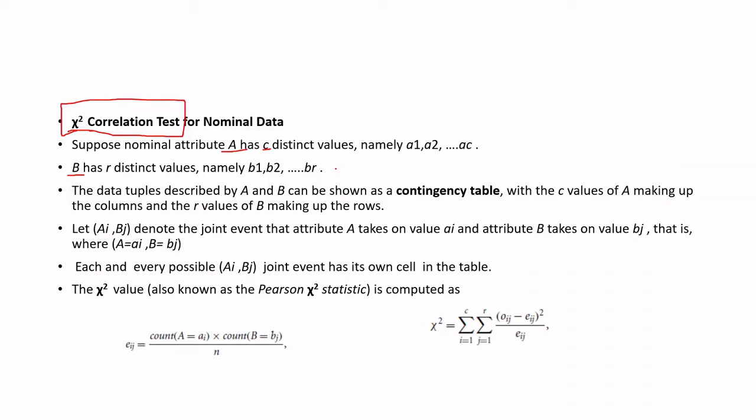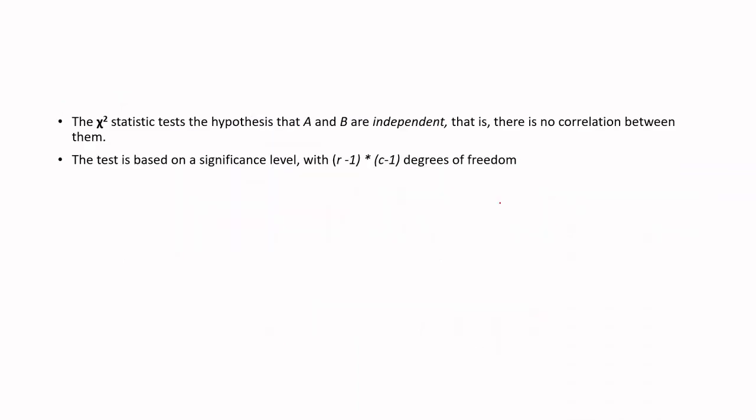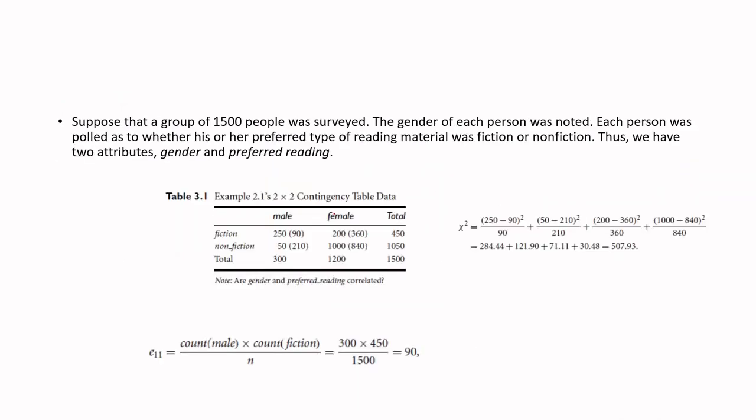Okay. Now, given a data set, what we can do is, from the data we can come up with what is known as a contingency table. How the contingency table looks is, this is an example. So we are talking about whether there is a correlation between two different attributes.